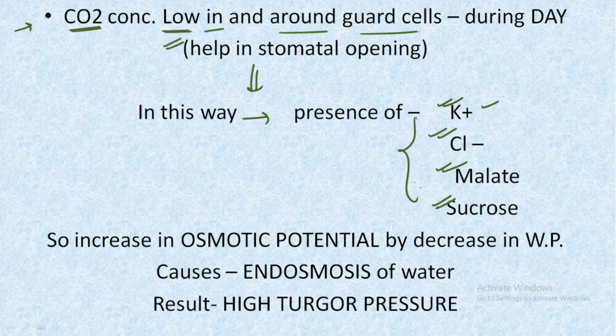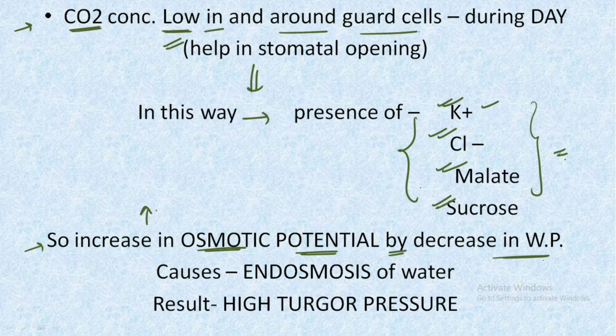Because all these ions and components are present inside the guard cells, there occurs an increase in the osmotic potential, and because of the increase in the osmotic potential, there occurs a decrease in the water potential of the guard cells.